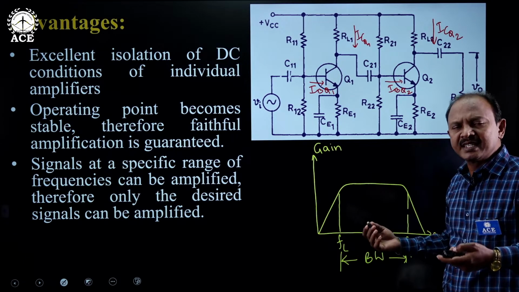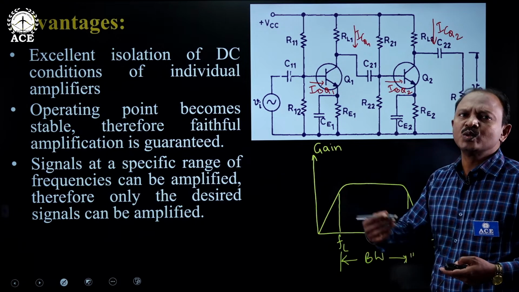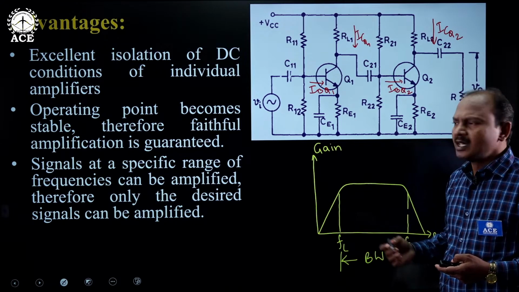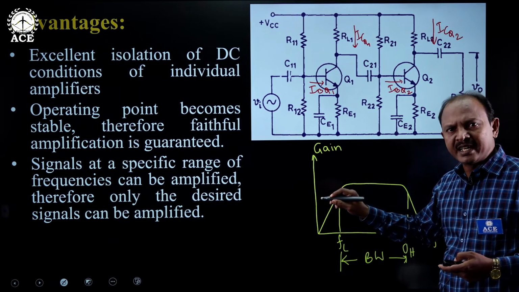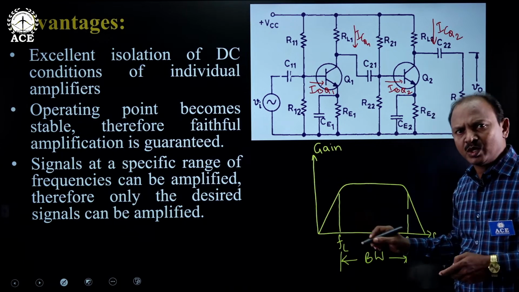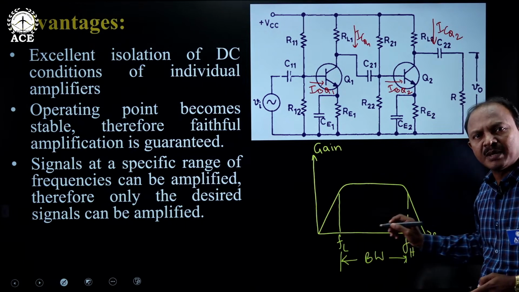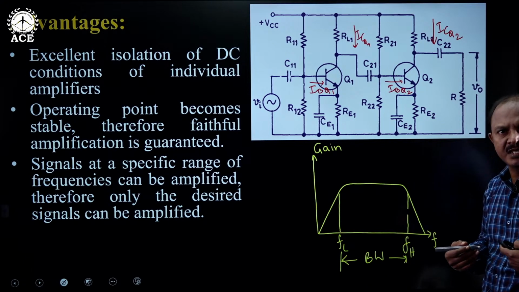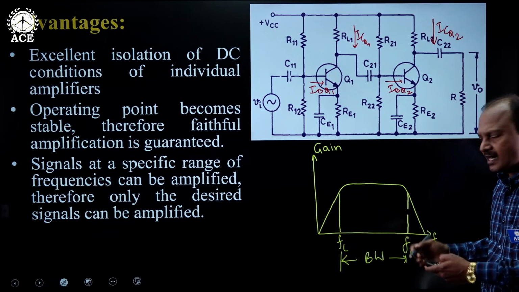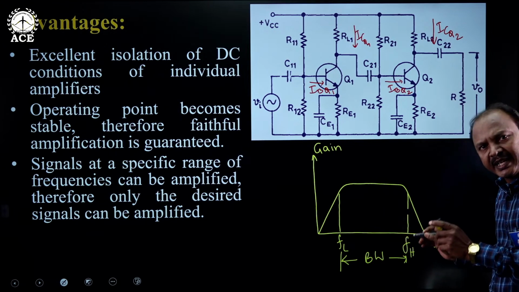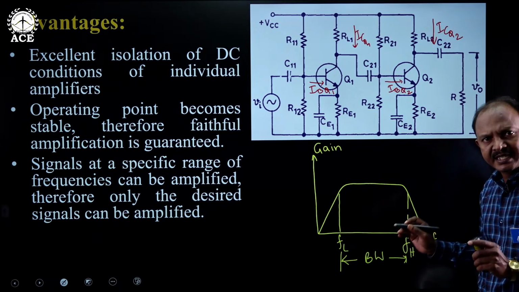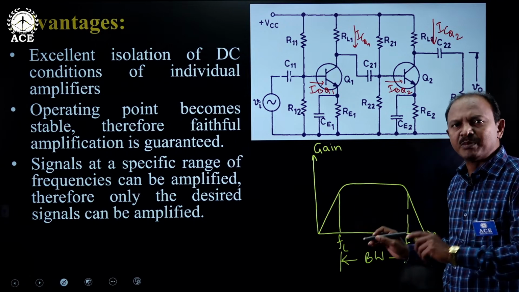Otherwise, unwanted signals may be amplified and that leads to a lot of noise in the resultant output. That can be considered as an advantage here. In this circuit, unwanted signals will never be amplified because lower cutoff frequency and upper cutoff frequency are being selected by us intentionally. As a result, signals between FL and FH only get amplified. That means desired signals of our interest only get amplified here.